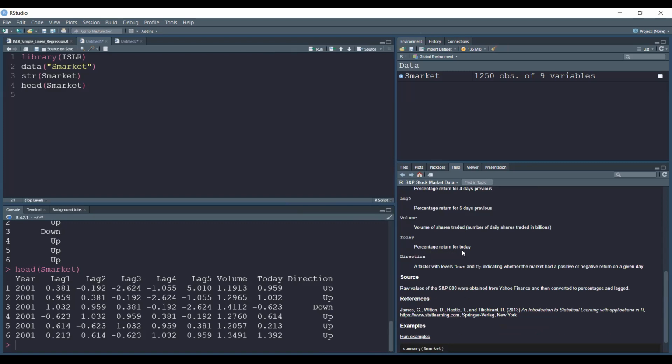Today, percentage return for today, direction, a factor with levels down and up, indicating whether the market had a positive or a negative return on a given day. So that just depends on today, doesn't it? I think. If these are positive, then we're just saying up.